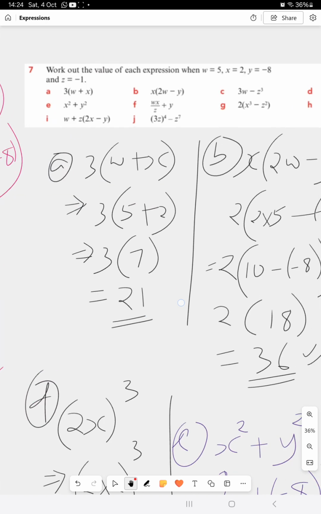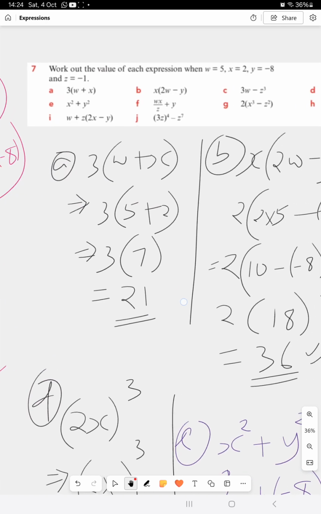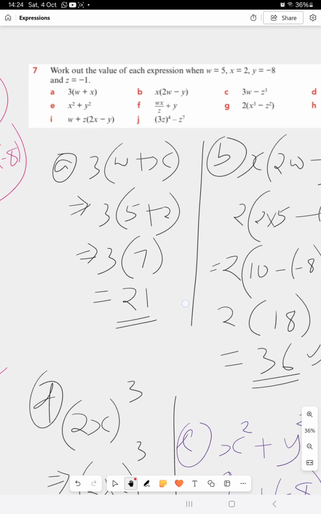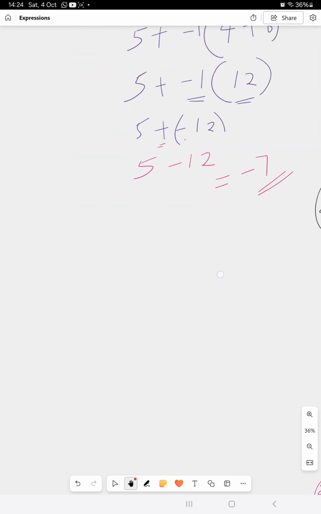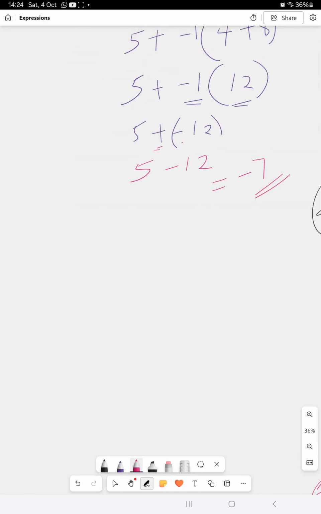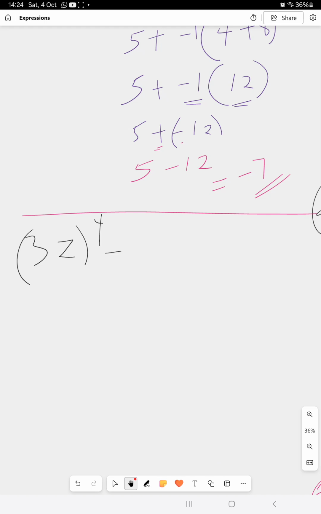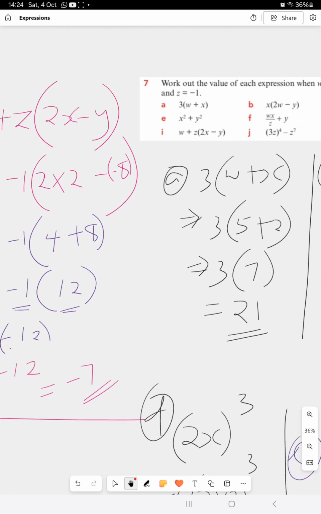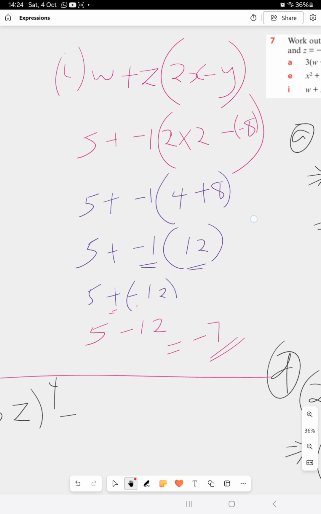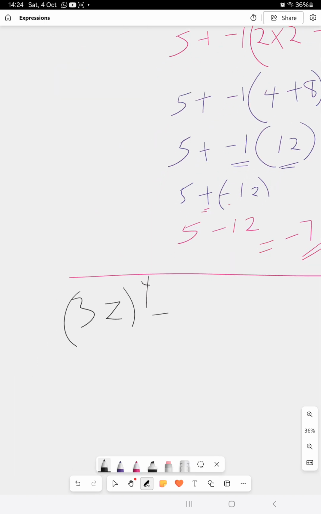Then doing the other question, we have 3z all to the power 4 minus z to the power 7.